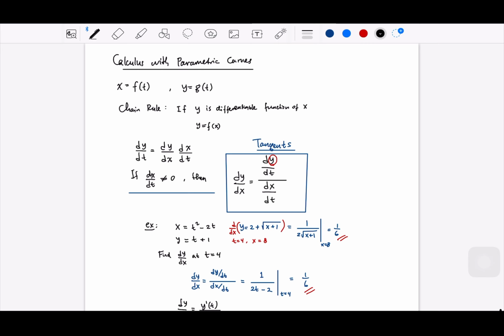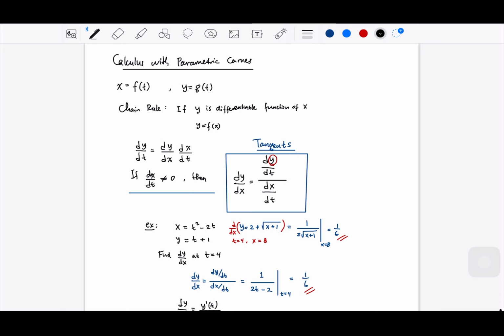What you need to remember as a principle in the parametric is that x is a function of t, y is also a function of t. But we also need to establish one assumption, that y is also a function of x. So y can be a function of x, and it can also be a function of t.